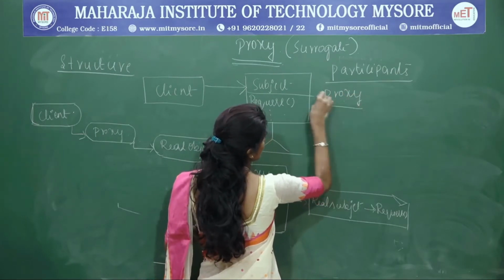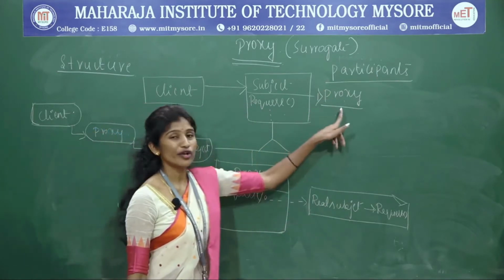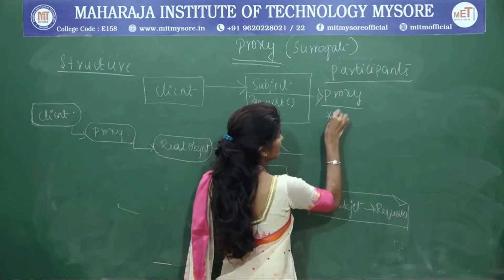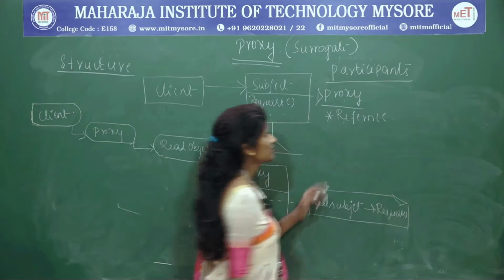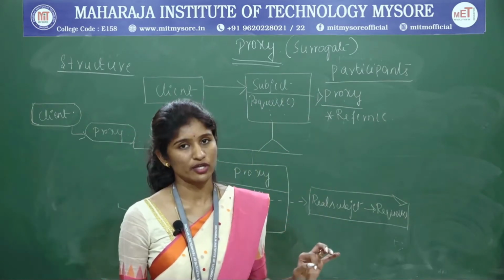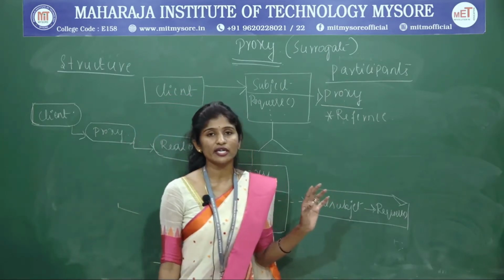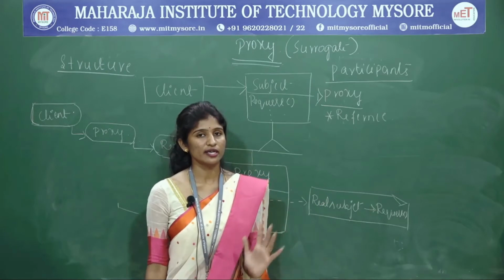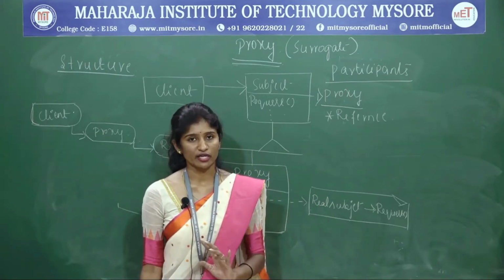First participant, proxy, and he is going to maintain what? Reference. He is going to maintain a reference for the real subject. He is going to perform the activity with respect to the real subject which is residing on the secondary storage device.